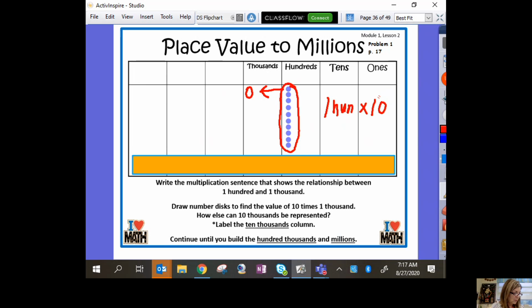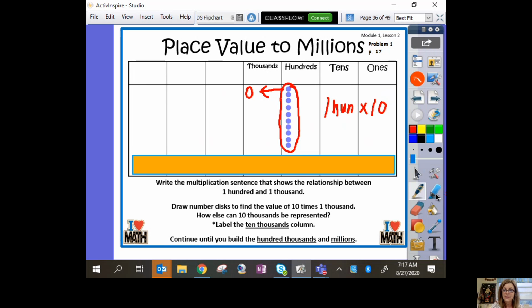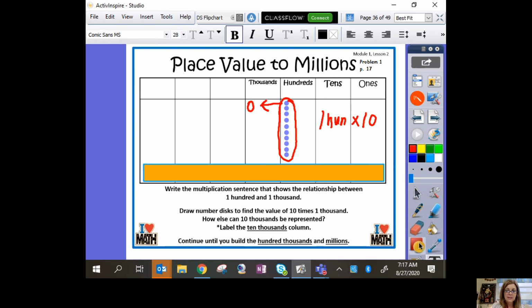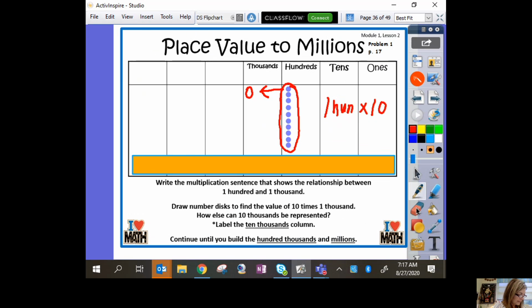If I want to write this as a multiplication sentence, I could say that 10 times 100 equals 10 hundreds. As we started with 1, we multiplied it by 10, and then that also equals 1,000.